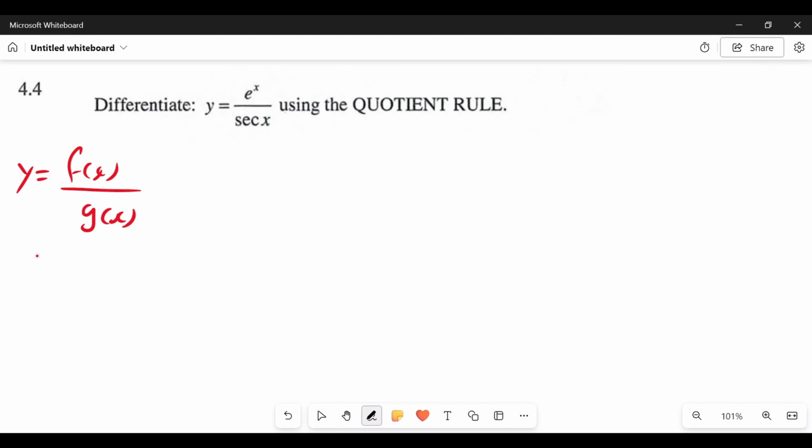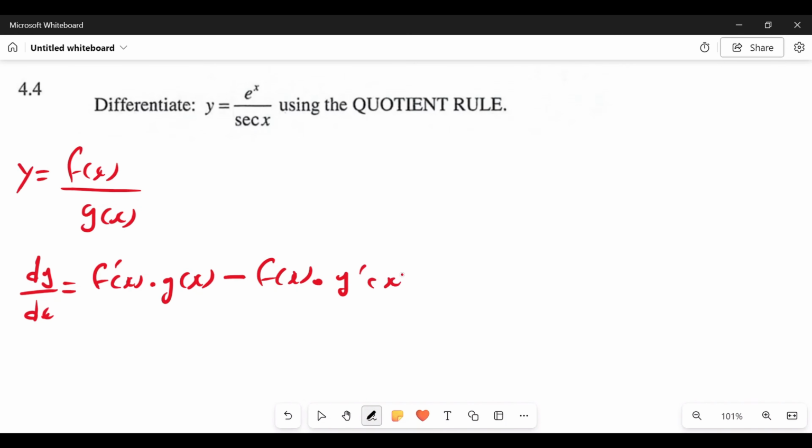When you differentiate this using the quotient rule, dy over dx, there is a formula for it. You first differentiate f of x prime multiplied by g of x, then minus f of x multiplied by g of x prime, right? And then you divide by g of x, then you square that g of x.